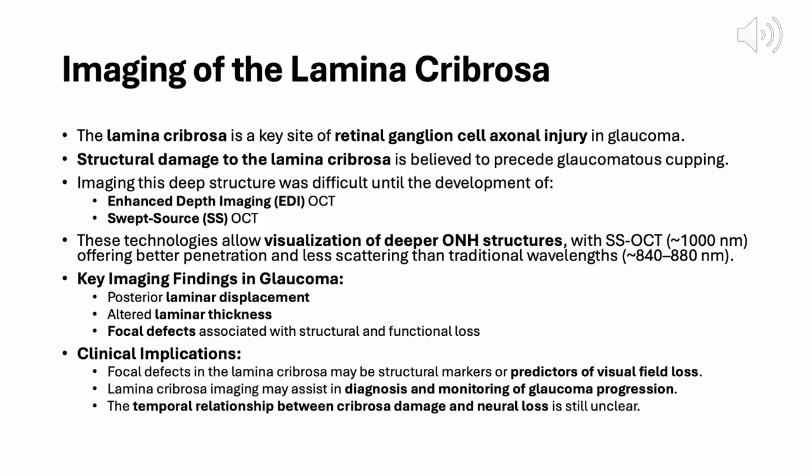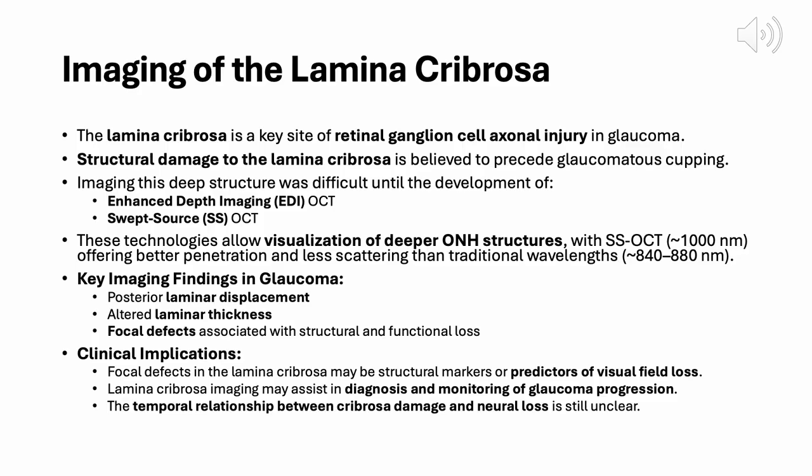Historically, this deep structure was difficult to visualize until the development of enhanced depth imaging OCT and swept source OCT, which uses longer wavelengths to achieve better tissue penetration and reduced scattering. These technologies have enabled visualization of deeper optic nerve head structures, helping us better understand and track glaucomatous changes.